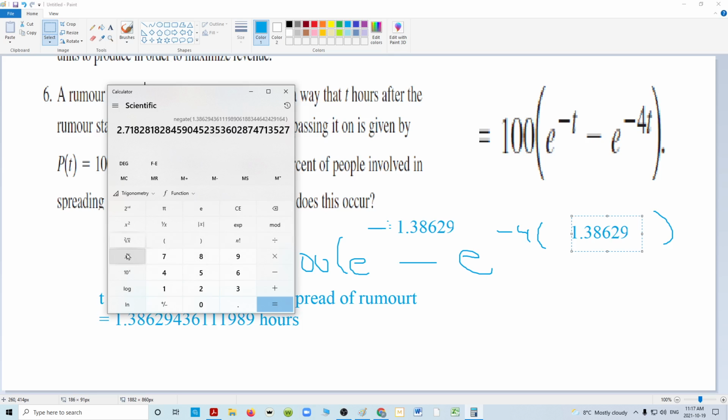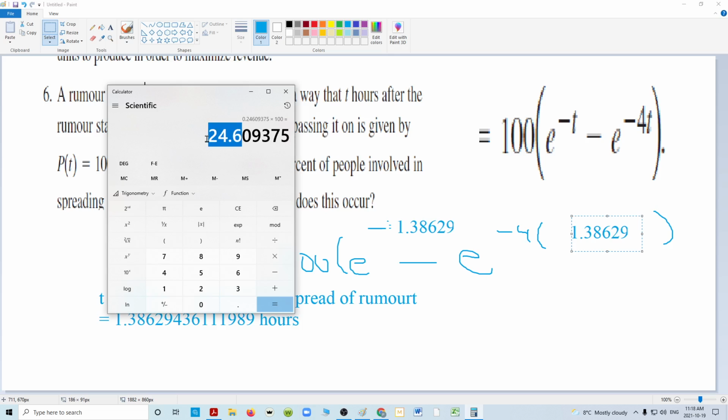So e to the power of my memory is that minus, open brackets just to be safe, e to the power of, open brackets just to be safe, 4, we don't have to make it negative because we made the memory negative, close brackets, and let's see, equals, times 100.